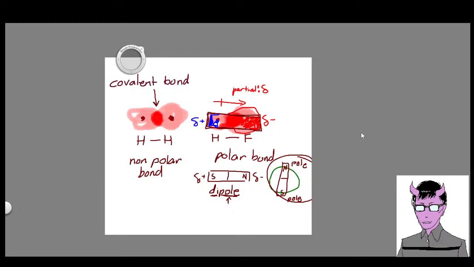Which again, that's why I don't like you to use the word sharing, because I would not describe this as sharing. This one, I guess you could call sharing. It's a very equal sharing, and this one is a very unequal quote-unquote sharing. Just call it an overlap, please. So we have overlap of electron cloud densities that shifted more over to one side, creating a polar situation, non-polar situation.